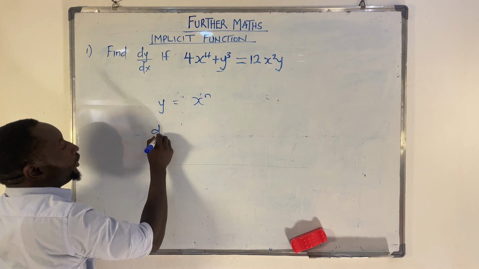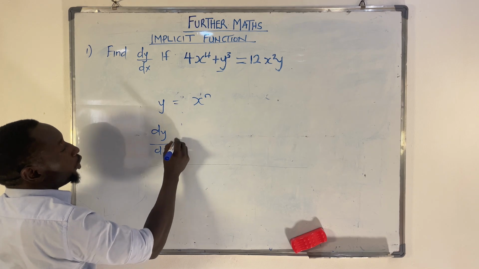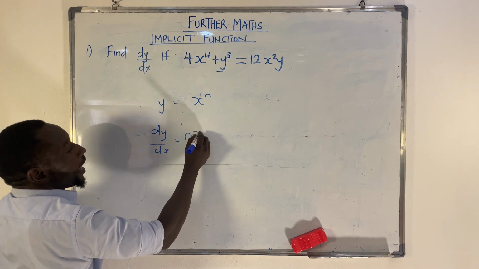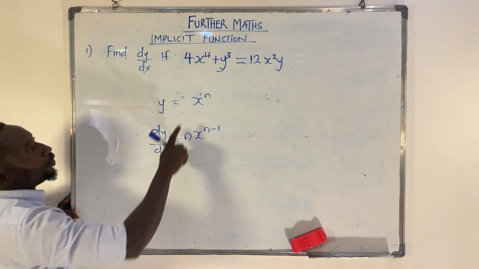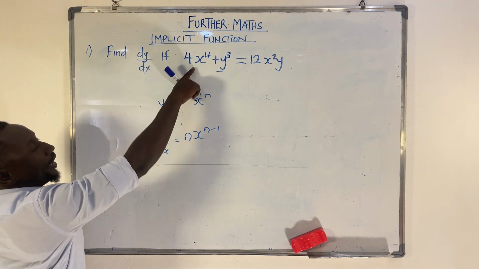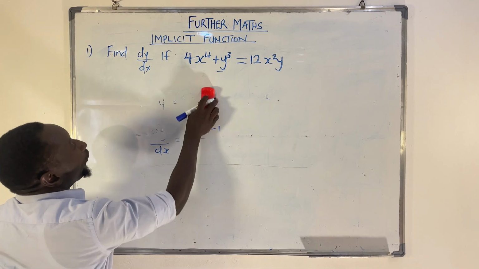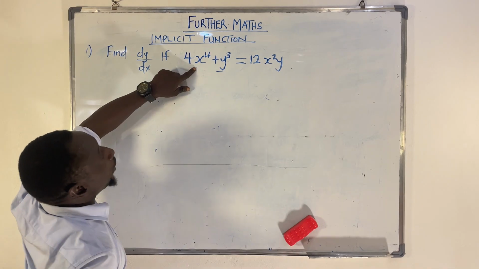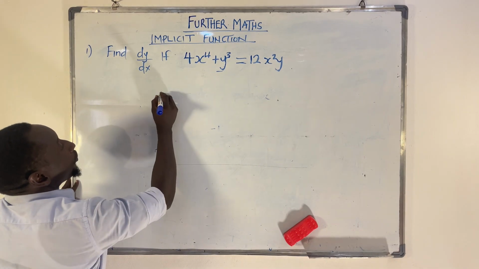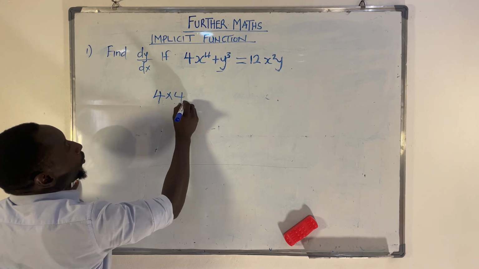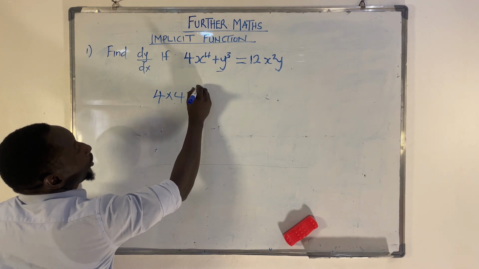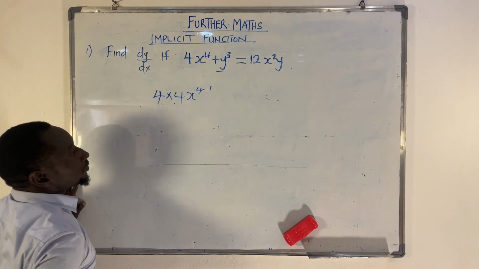So dy/dx will be nx raised to n minus 1. Now, I'll apply this principle here. When I differentiate this one directly, I will have 4 times 4x raised to 4 minus 1.